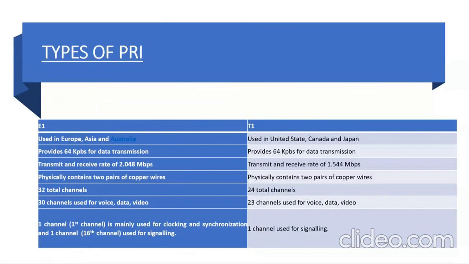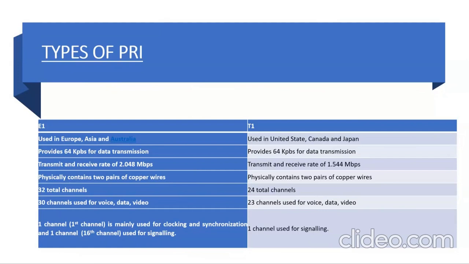One channel is for signaling, and the other channel is for clocking and synchronization. In T1, there are a total of 24 channels, out of which 23 can be used for voice, video, and data. One is for signaling. Each of these channels has a capacity of 64 kbps. E1 has a total transmit and receive rate of 2.048 Mbps and T1 has 1.544 Mbps.